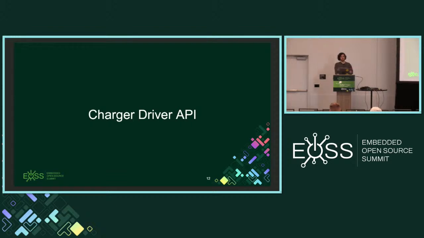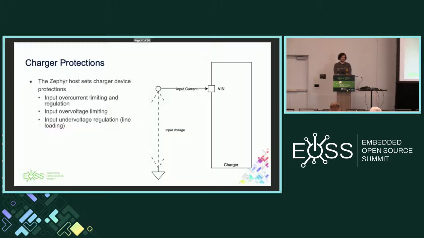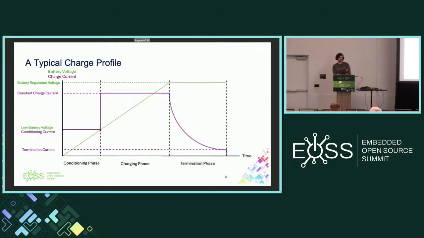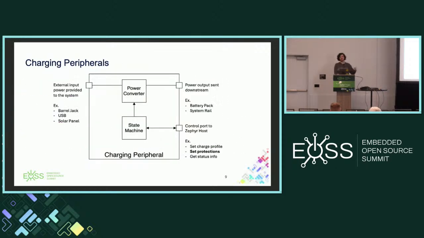So it's not just a fixed static charge profile. I mentioned it right here, there's also some status info and telemetry that the state machine does expose, and that could be valuable to your specific application and your charging task loop.